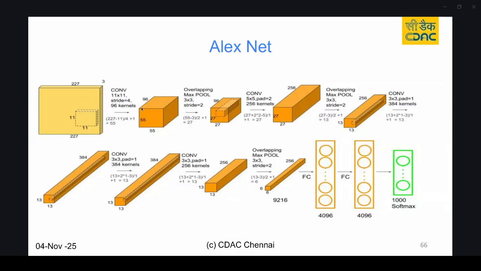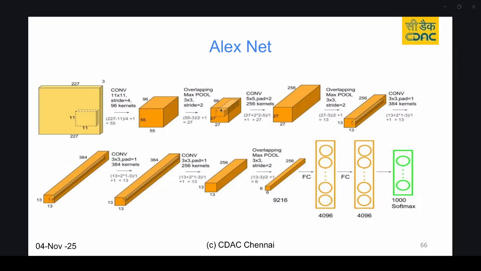So that's why the output size is 96 dimensional. So when the 227 cross 227 cross 3 input is convolved with an 11 cross 11 matrix, you get a 55 cross 55 matrix. Since there are 96 such matrices, I got 55 cross 55 cross 96 as my first layer neuron output.